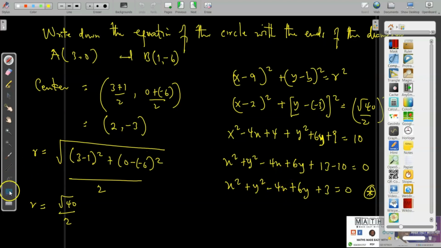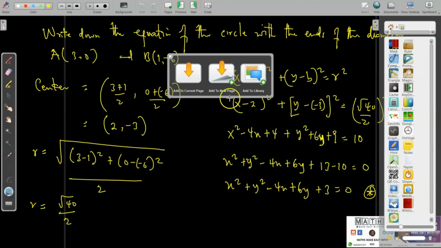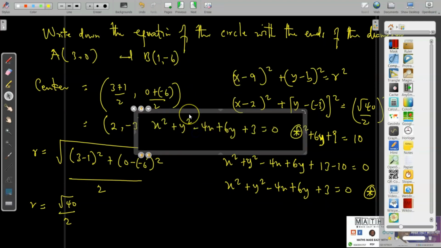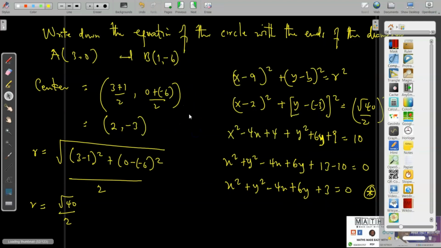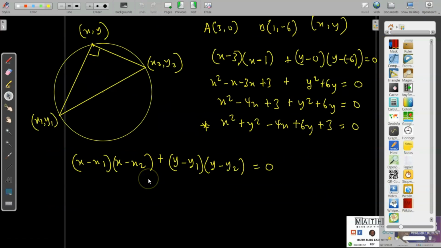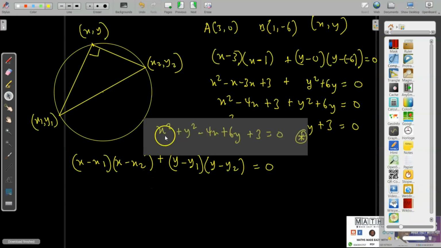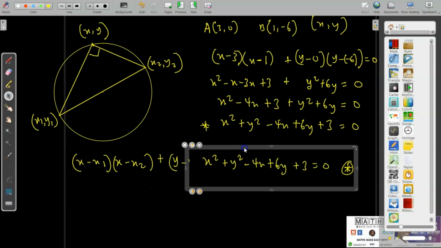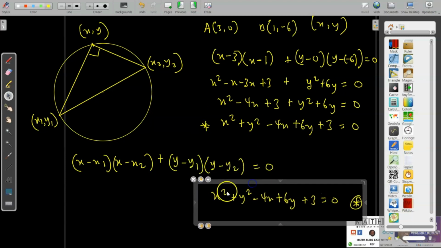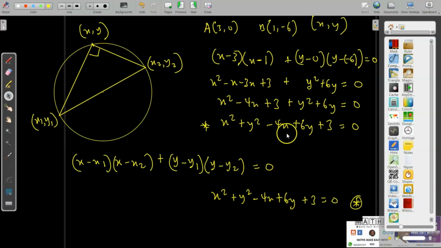Maybe you may think it's different, so let me just cut this and send it there. Let's compare. Here it is. I believe they are the same, right? But please, as I said, you need to understand before you can apply any method.